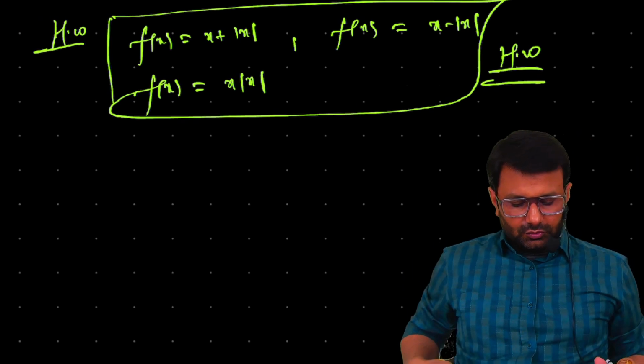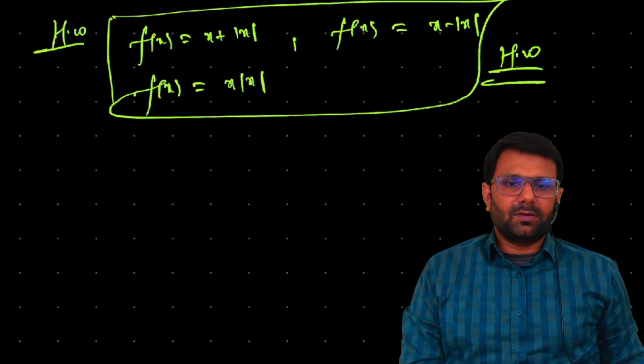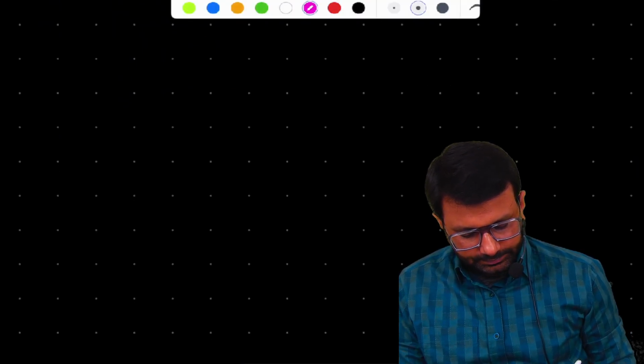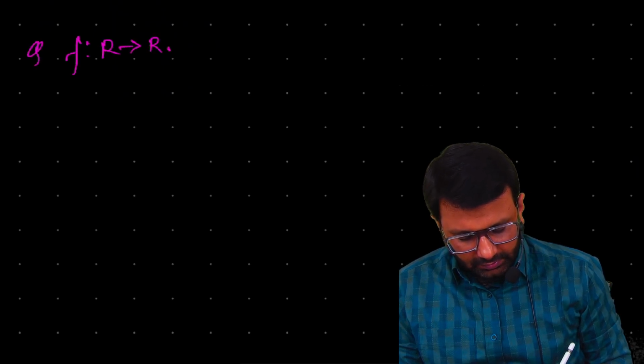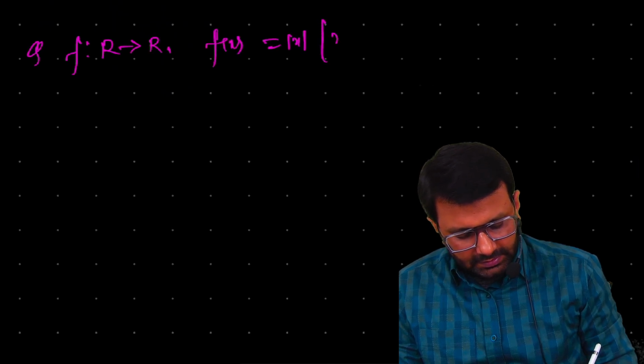Clear? So next question I am going to solve here is a JEE Advanced question, and this is a very, very important question. Okay. So what is given here? A function is defined from R to R such that f(x) is equal to mod x into (x minus sin x).